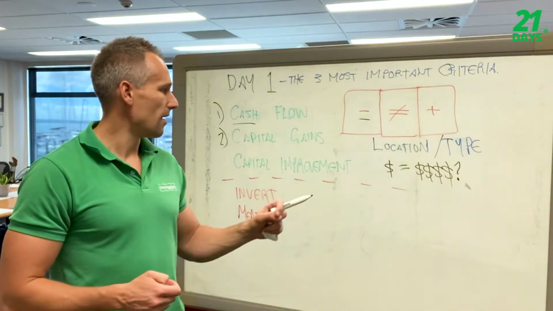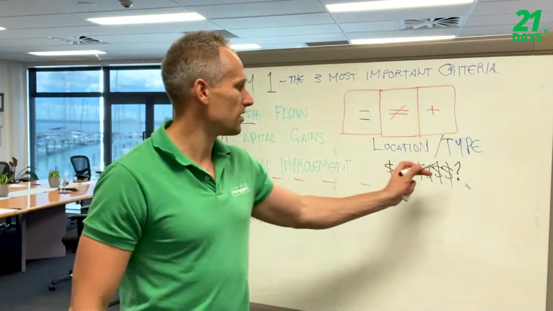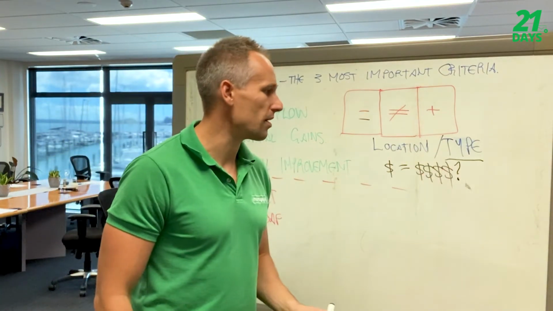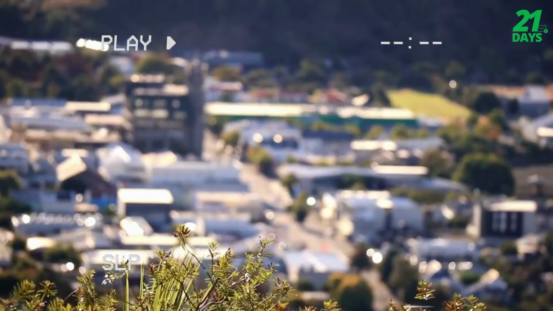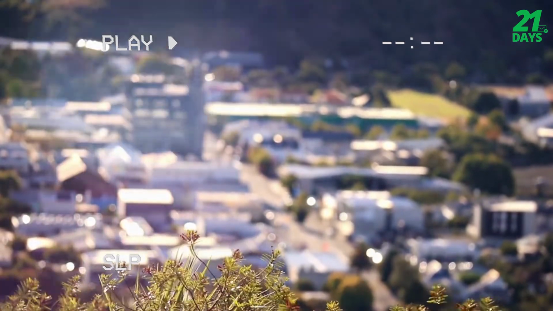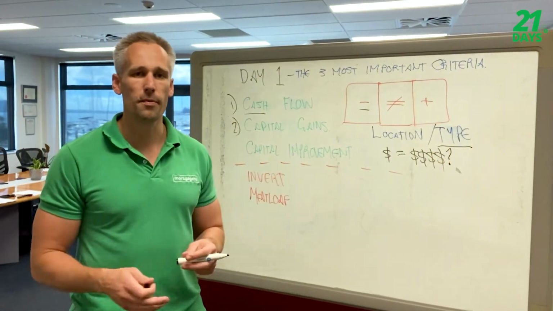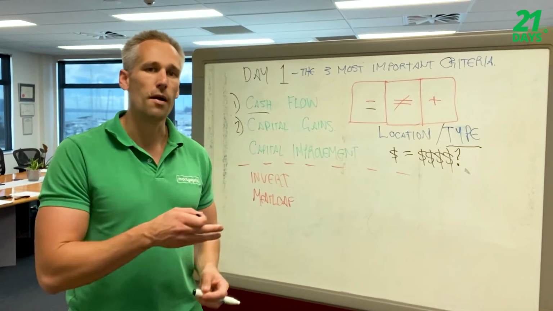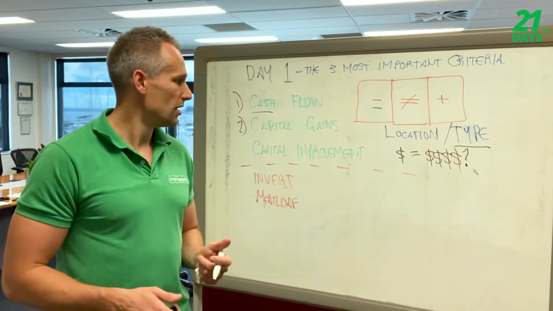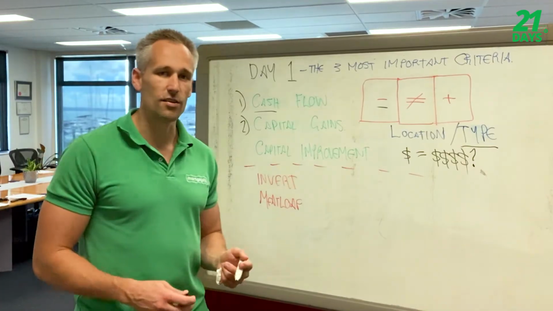So I think with capital gains, a lot of people tend to forget that the type of property is important. You might be looking at a commercial/residential mix in the middle of Nelson, for example. The capital gains on that type of property is going to be quite different from a property in the suburbs of Nelson. So capital gains is an important consideration.